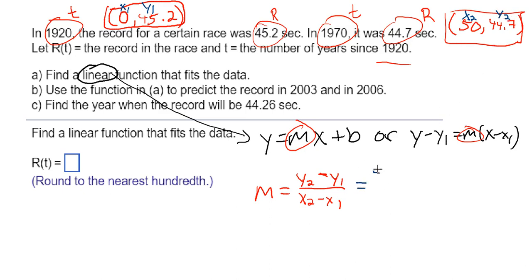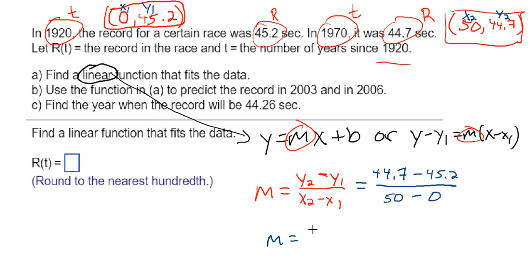So y2 is 44.7 minus y1, which is 45.2, over x2, which is 50, minus x1, which is 0. So we need to simplify that. Let's see, I have a calculator right here. So we'll have 44.7 minus 45.2.